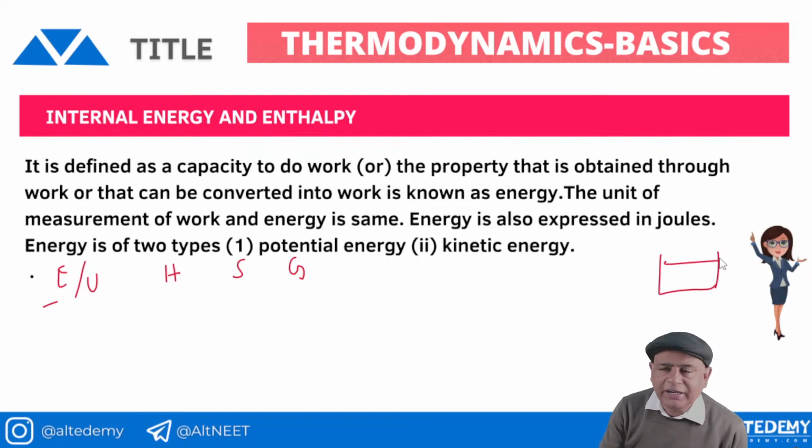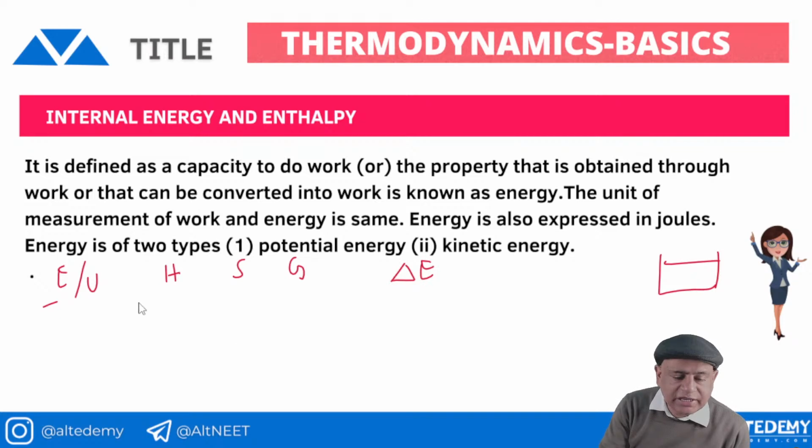Just because there are a variety of energies, we cannot say this is the value of energy. We cannot find energy in absolute terms. But yes, we can always find the change in energy.